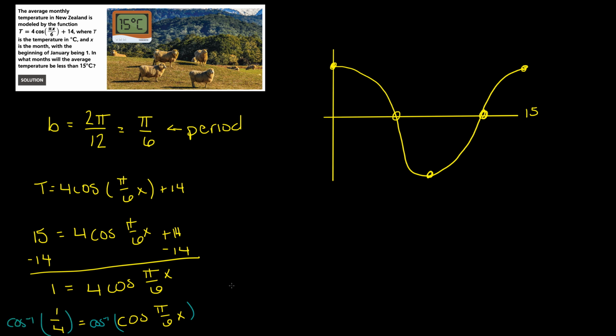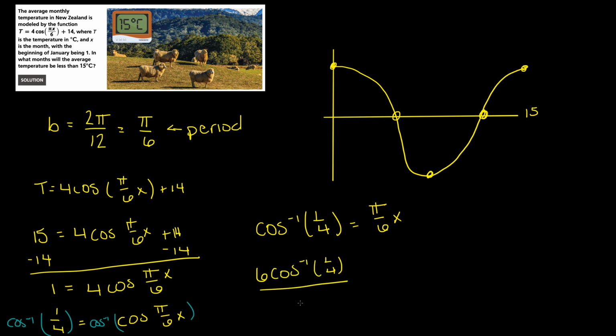So now what we're looking at is the inverse cosine of 1/4 is equal to pi over 6 x. Cleaning this up, getting x by itself, we have 6 inverse cosine of 1/4 divided by pi will equal x.